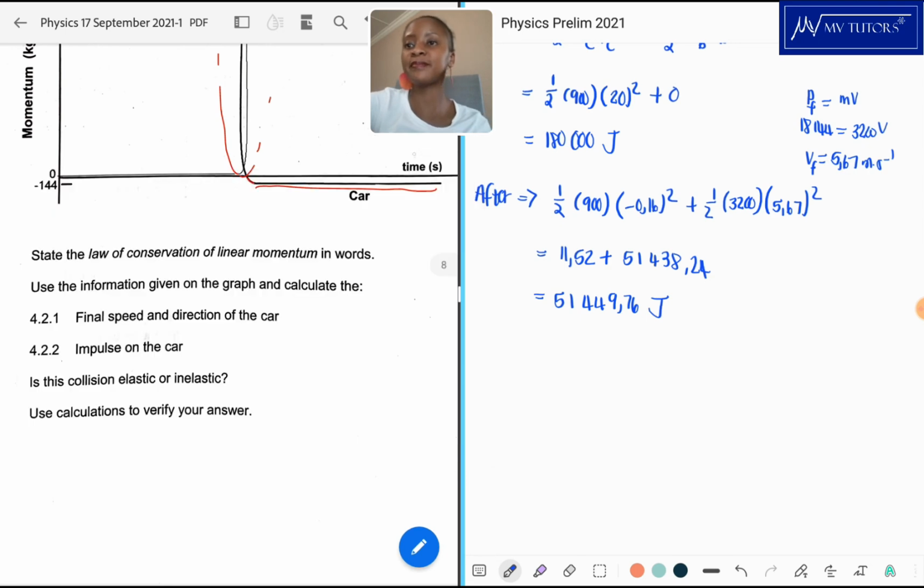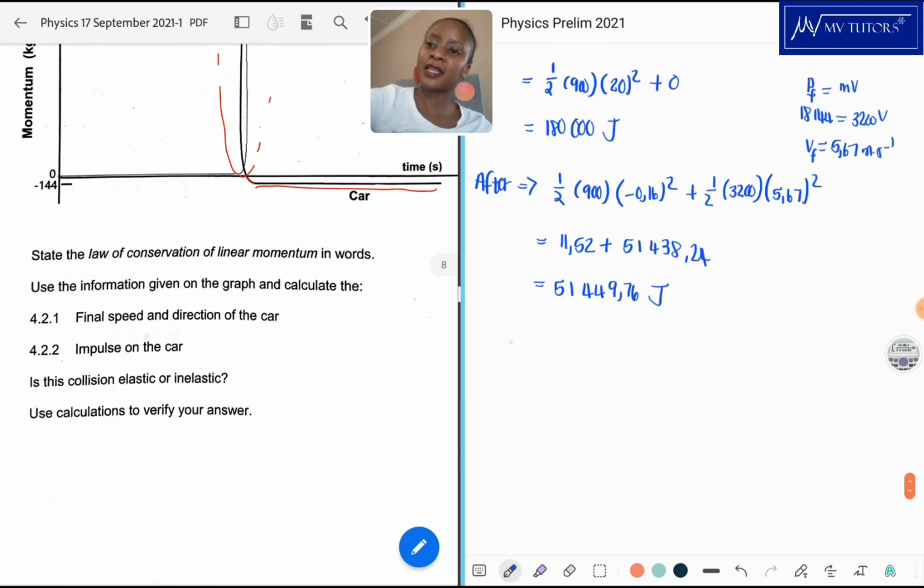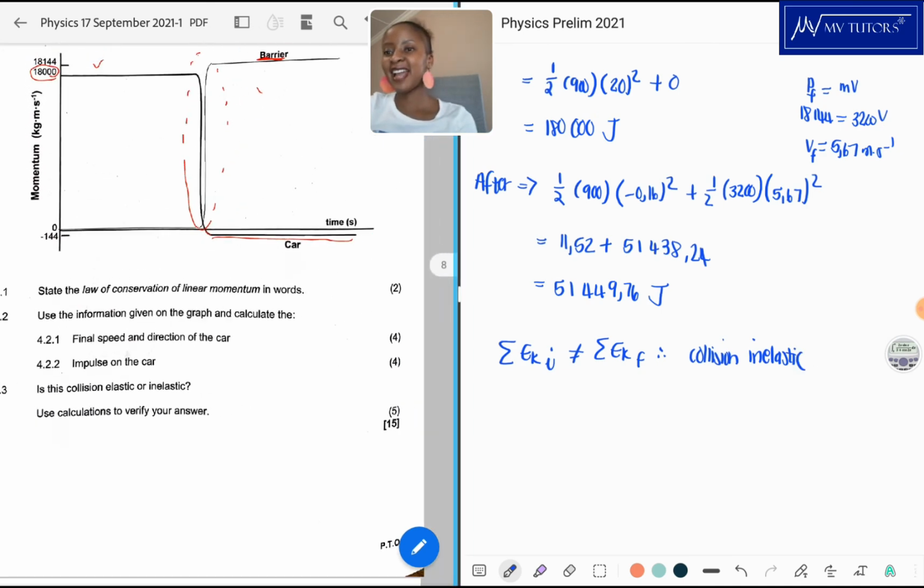Okay, so clearly, guys, the sum of the kinetic energy before or initially is not equal to the sum of the kinetic energy afterwards. Therefore the collision is inelastic. Okay, and I think we are done.